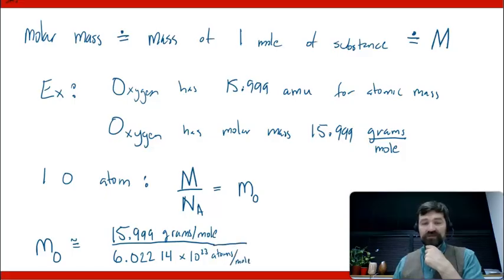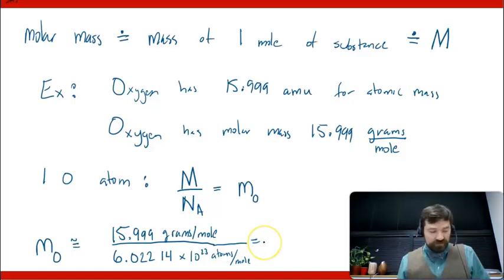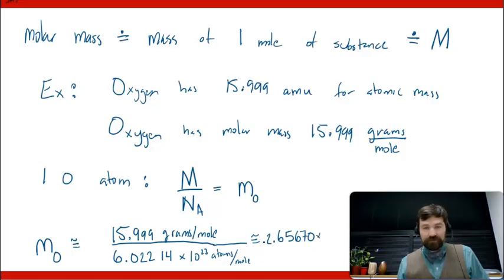And so if you divide these two numbers by each other, you've got a mass per atom. That comes to 2.65669, so approximately 2.65670 times 10 to the minus 23, and the units would be grams per atom.